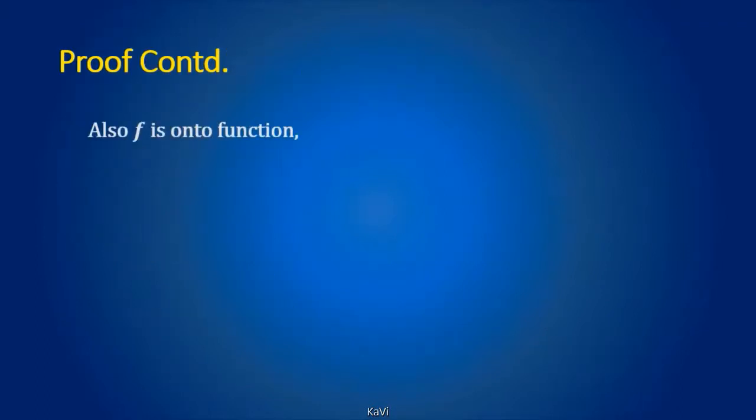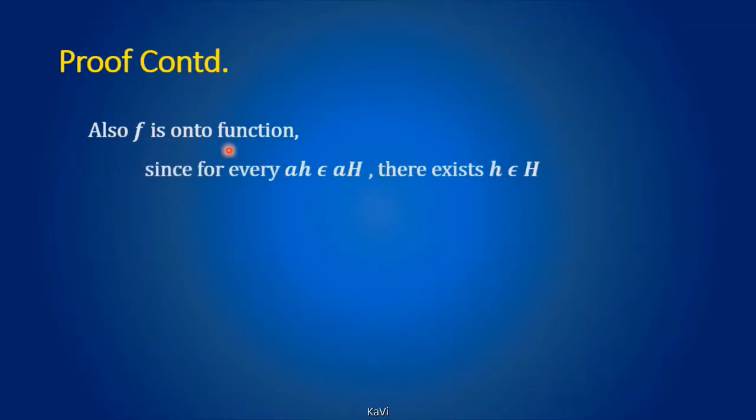Also the function f is an onto function, which we can verify using this. That is, you take one element in the codomain AH, the left coset of H, which will have all elements of the form AH. So corresponding to this AH, there exists an H belonging to the domain H such that f of H is equal to AH.